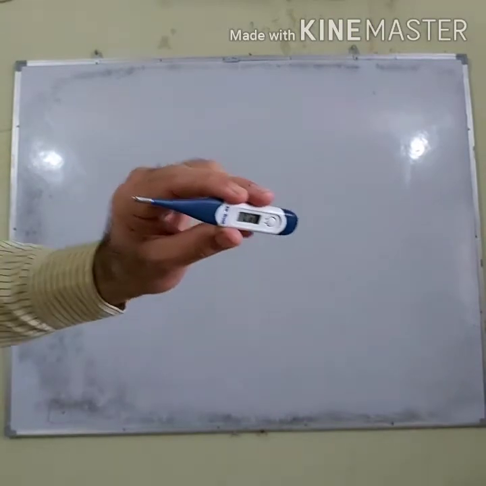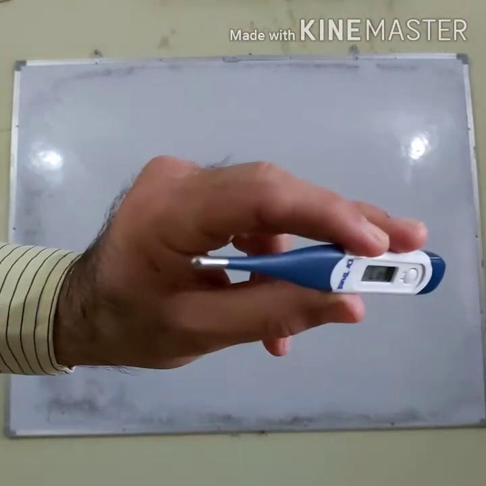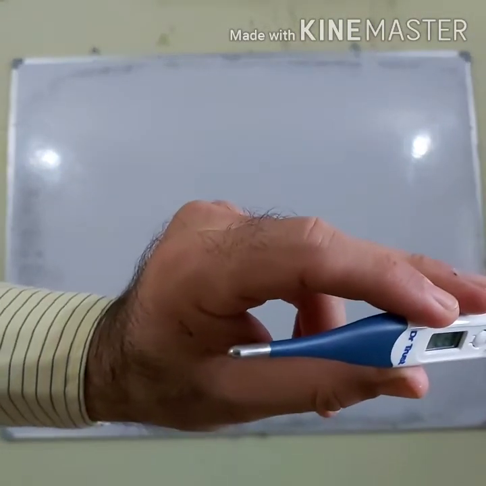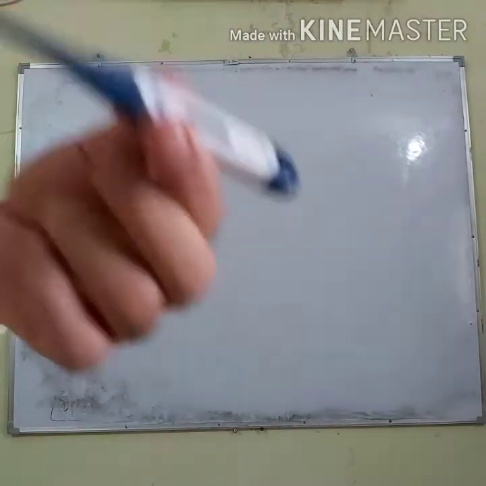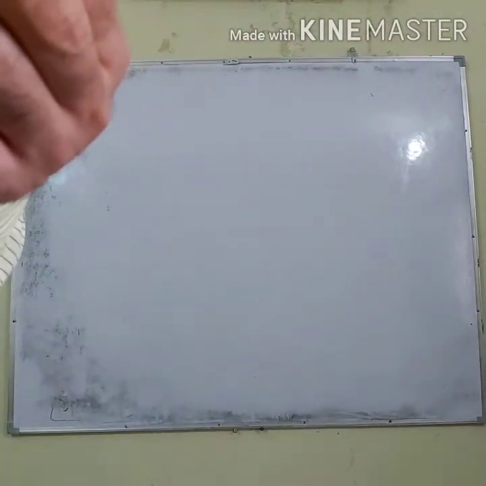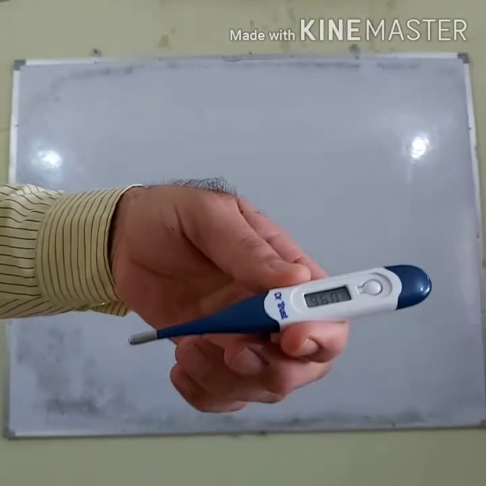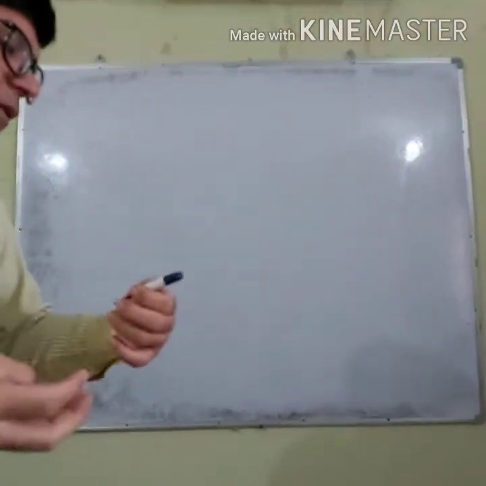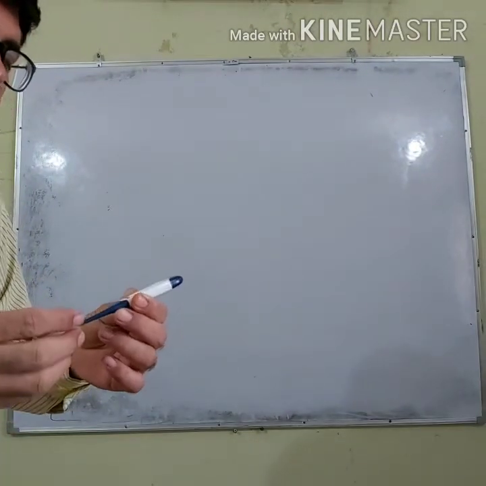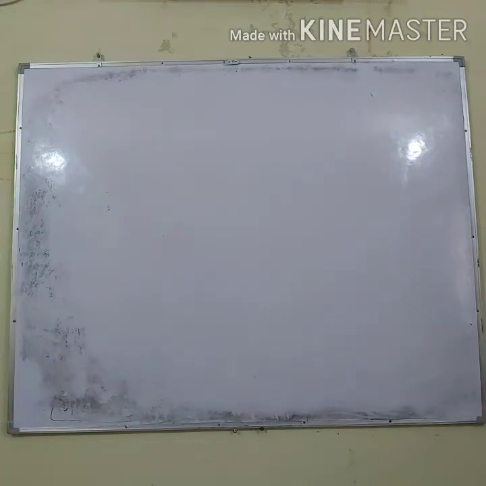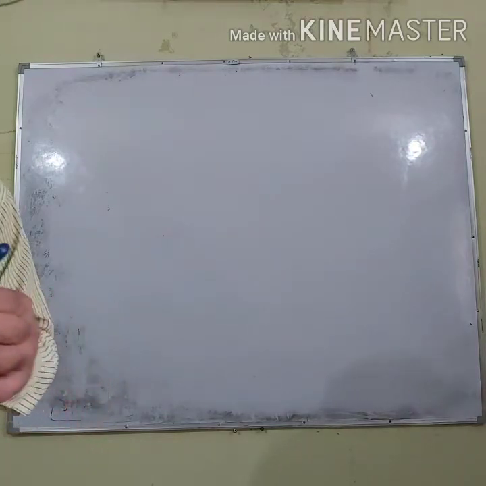First of all, let me wash the thermometer, then I will tell you how to measure the temperature. Now you can hear the beep sound, right? So in this way we can use the digital thermometer.